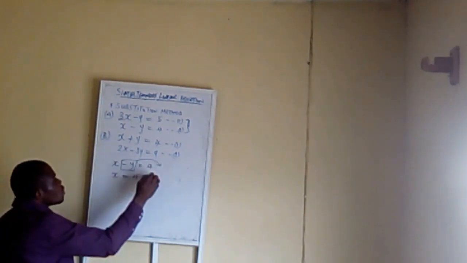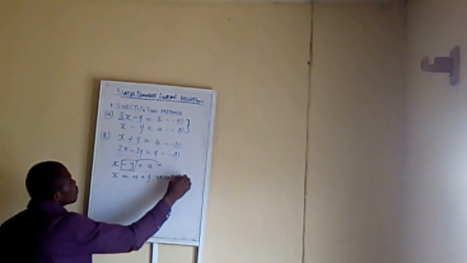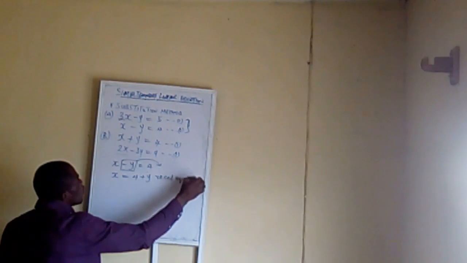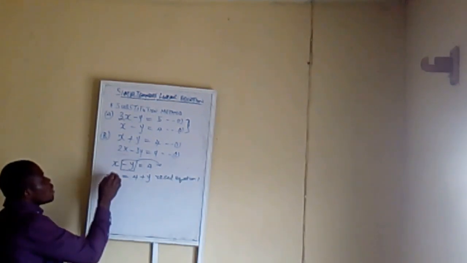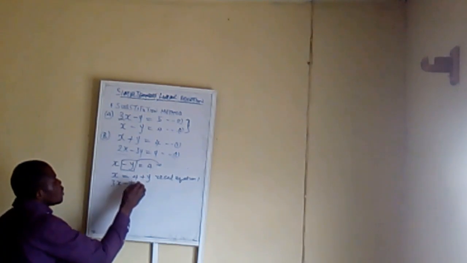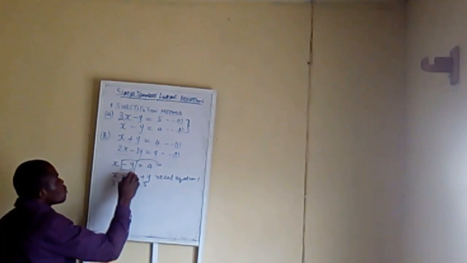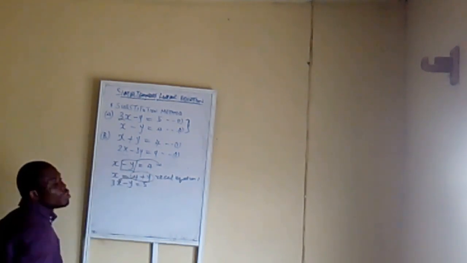So we are going to recall equation 1. Equation 1 is 3x minus y equals 5. So we are going to now substitute for x into equation 1.